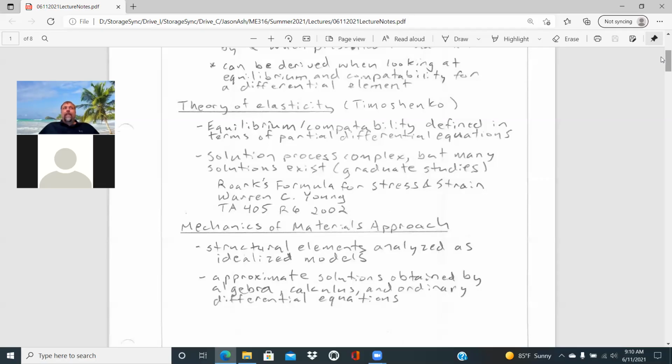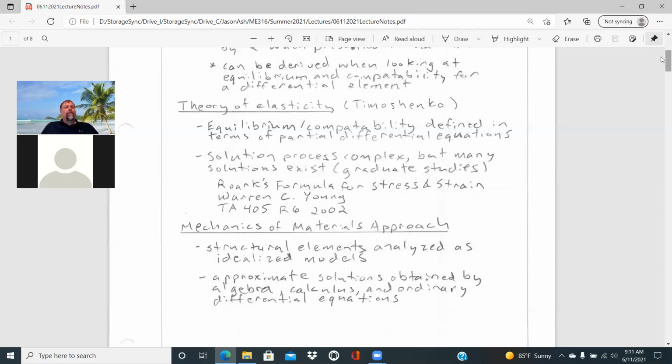And then the third method is computational methods, where you do that analysis numerically instead of with the analytical tools that we have here. So the finite element method, finite element analysis, is really that main tool to do a computational analysis. And there again, it's ideal to do that verification.